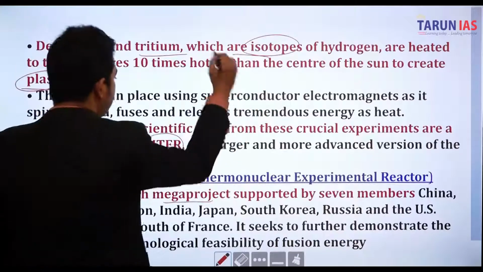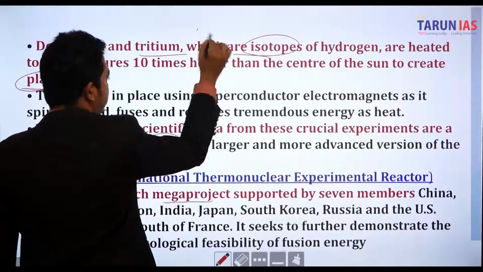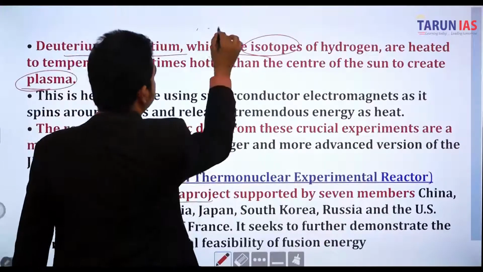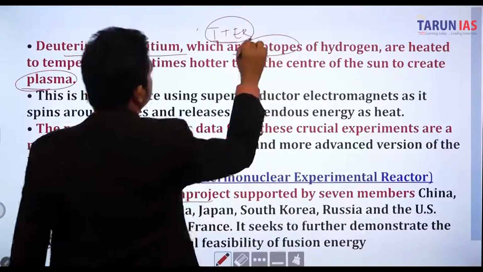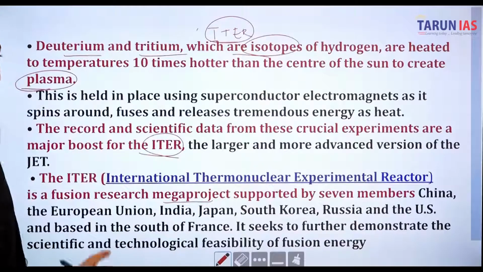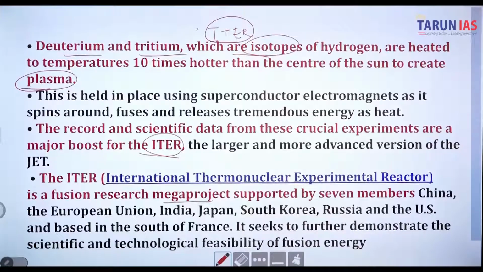So in the international organization section and in the prelims, they can ask, India is a part of ITER. So yes, India is a part of ITER, the International Thermonuclear Experimental Reactor. Right? It seeks to further demonstrate the scientific and technological feasibility of fusion energy.